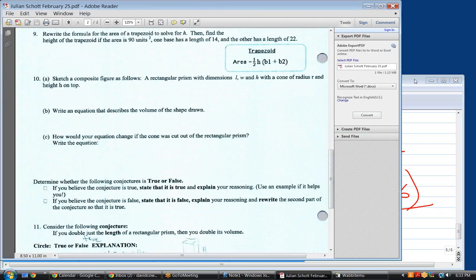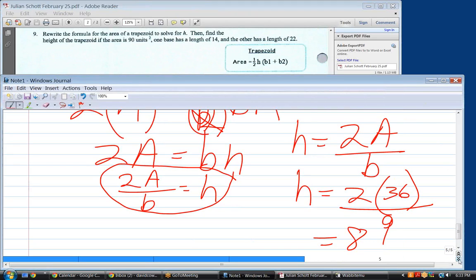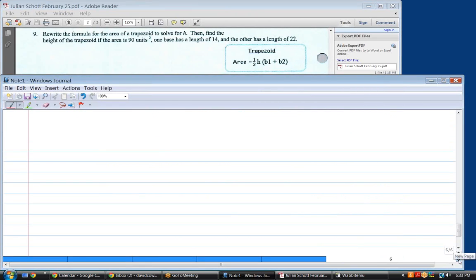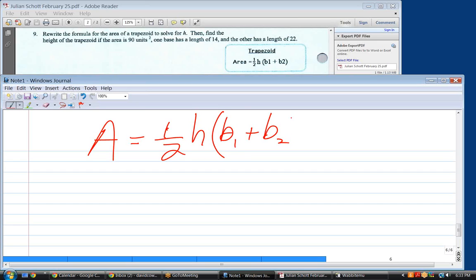Okay, all of these are kind of similar. In this one, they give you the area of the trapezoid, so we'll start with that. You don't have to have that memorized. It's 1/2 the height times the small base plus the big base.